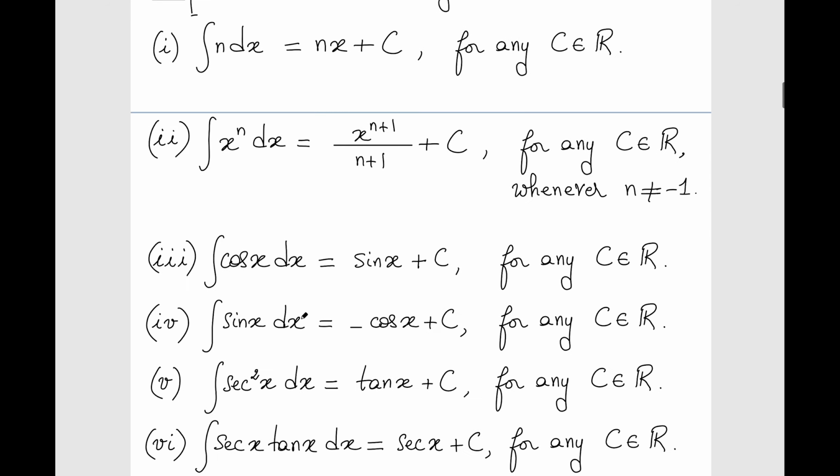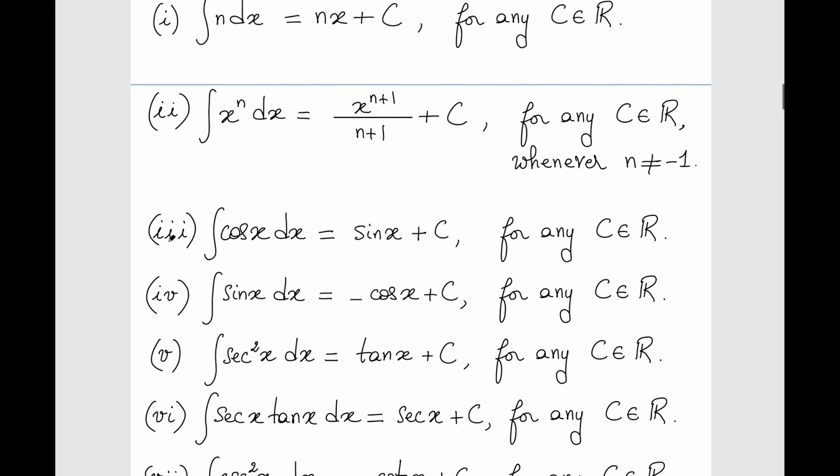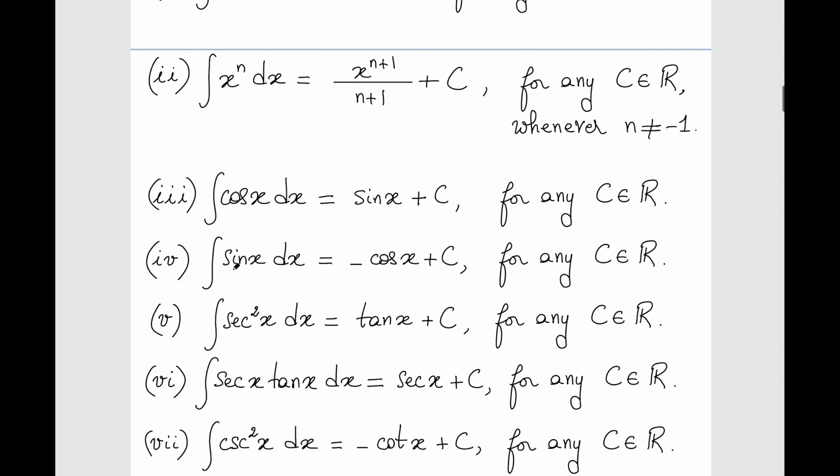All right, moving on, part 3. The primitive function of cosine x is sine x plus an arbitrary constant. Why? Because if you differentiate sine, you get cosine. And then to find the most general one, you add an arbitrary constant to it. The primitive function of sine is negative cosine of x. Why?